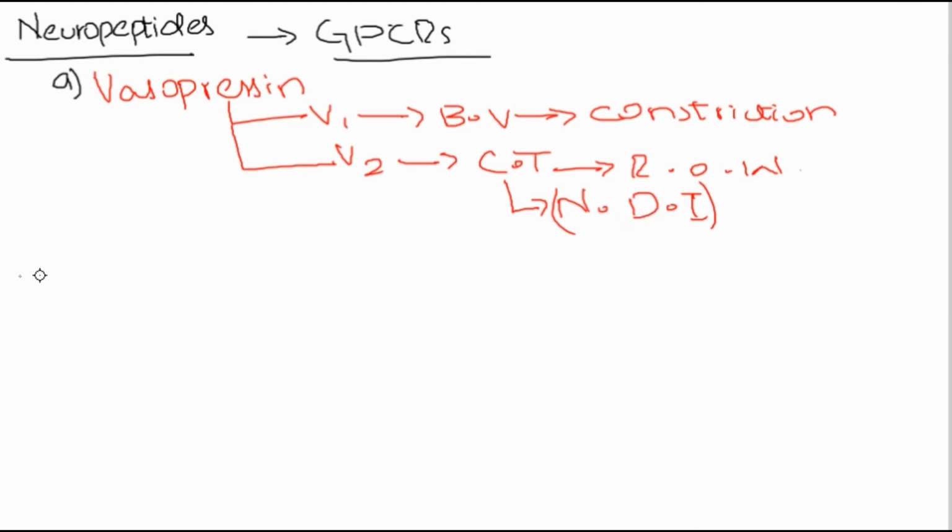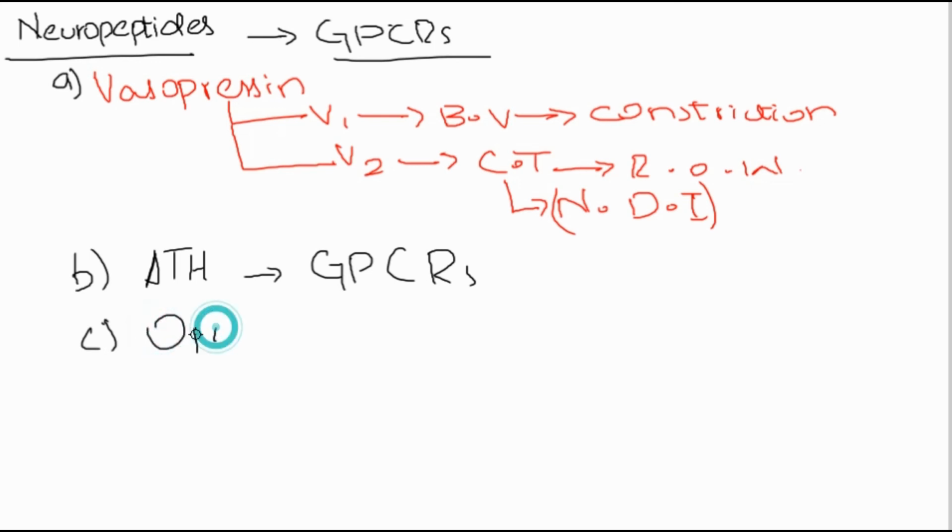Now the next class of neuropeptides is the ADH hormone. They are also G protein coupled receptors. Different opiates present in our body are also G protein coupled receptors.